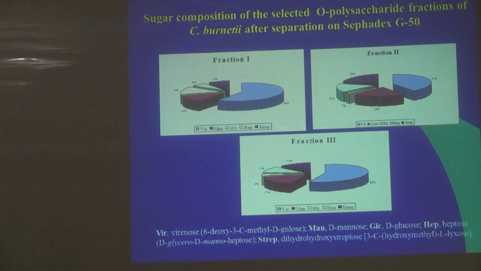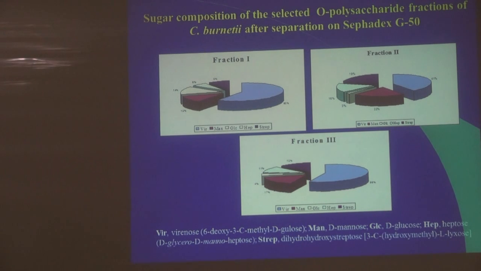So when we look more closely at this LPS, we were able to show, as I said already, that this LPS from Coxiella burnetii is highly heterogeneous and of high molecular weight for the O-specific chain, the long chains. We have regions with high content of virenose here. They are eluted first in chromatography, and because of this heterogeneity, solving the complete structure of this Burnetii LPS is very difficult.